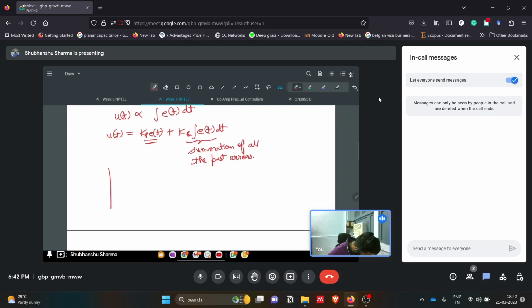So if we see, let's say this was the input, then the controller output will be like this. It will settle somewhere near the settling point. So this controller is basically keeping in mind the history, or these areas also.